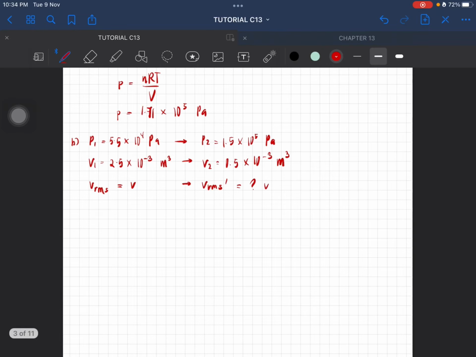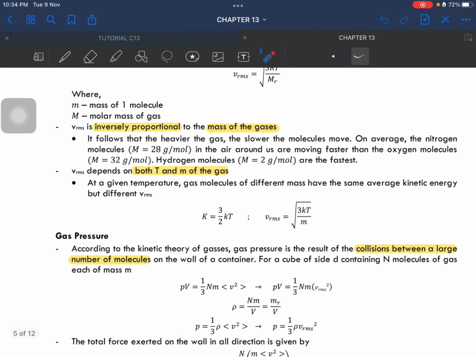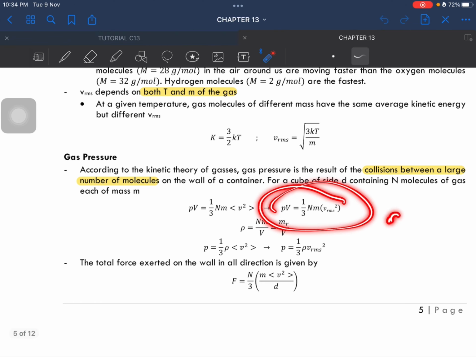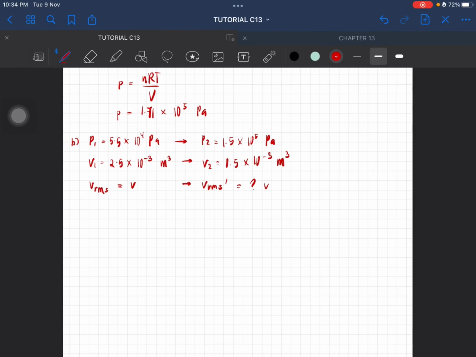Okay, so for this case we can use this equation here. This is PV equal to 1 over 3 nm VRMS square. So we are going to look at two situations, the initial and then the final. After that we are going to find a constant, or the information that is the same for both final and initial.